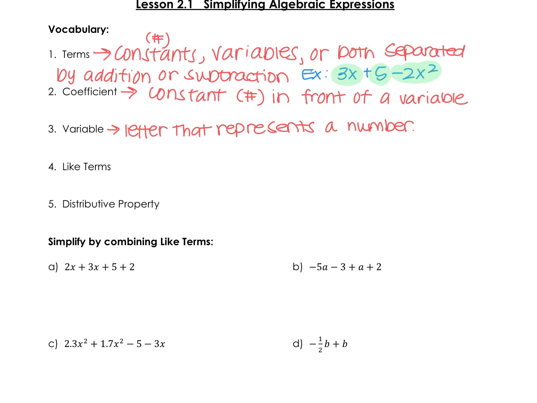And then within terms, we have something called like terms, which we've already kind of talked about. And like terms have the same variables with the same exponents.